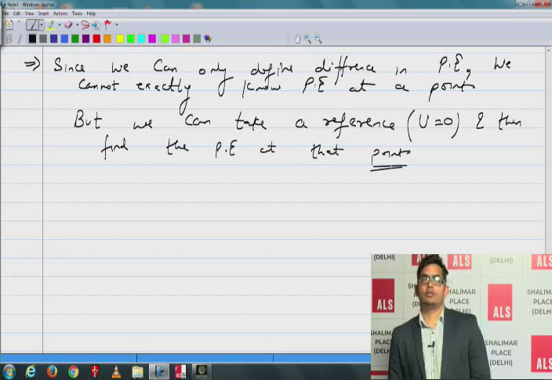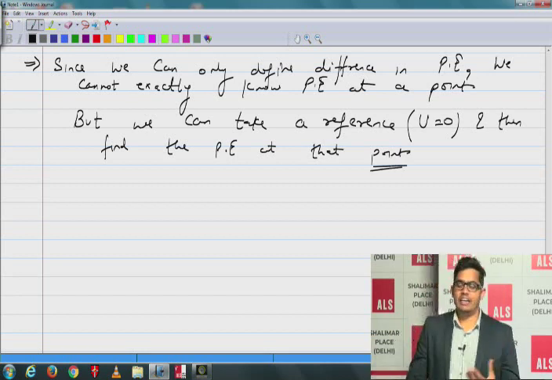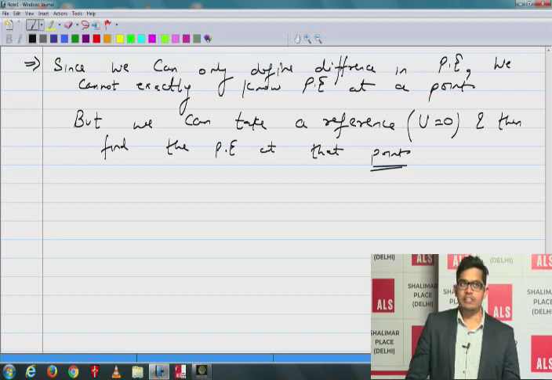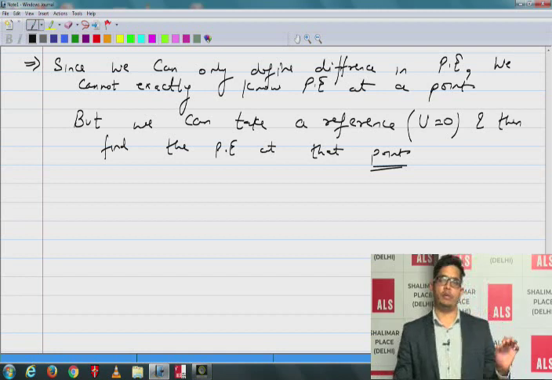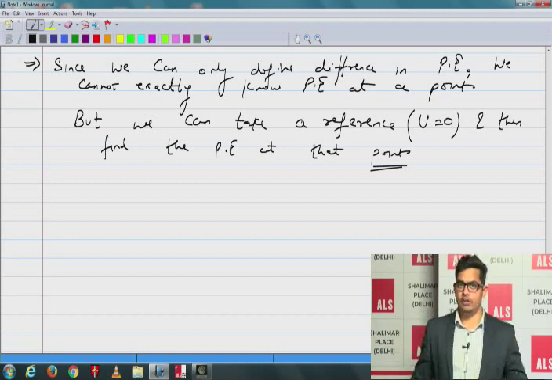So normally you cannot directly calculate potential energy at a point. However, you can calculate potential energy difference. So when I say I have done 100 joules of work, it means the potential energy difference between 2 points is 100. Now that does not mean that you can know potential energy of a certain point.